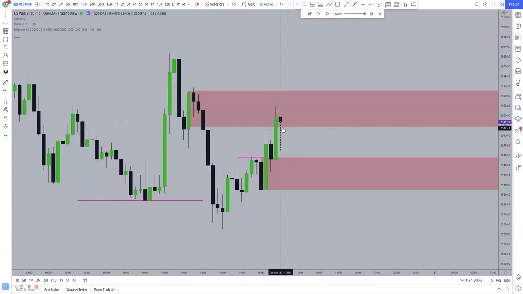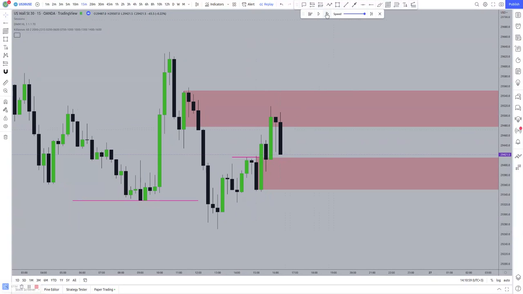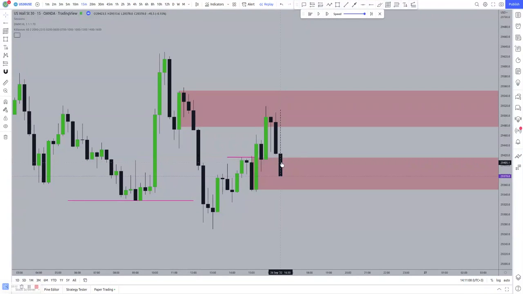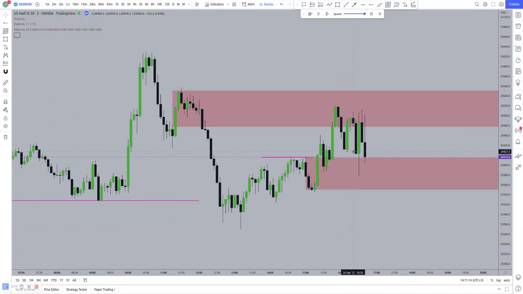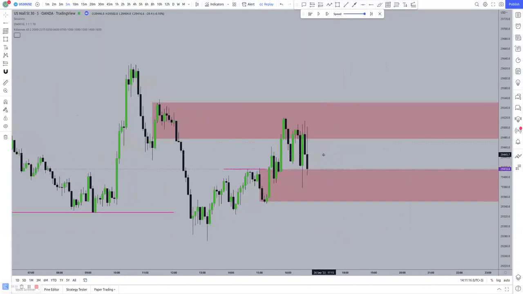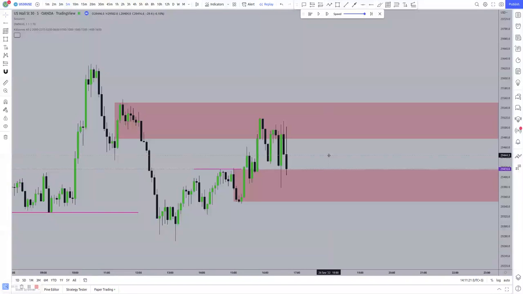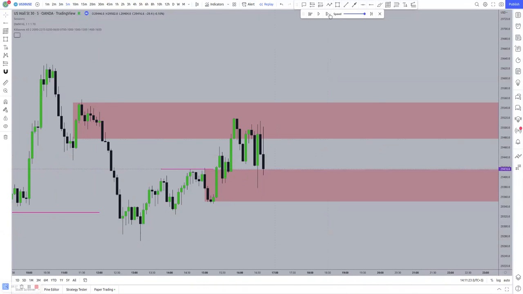So now we have this candle retesting this order block, and boom, this is the equity open right here. Let's go to M5. All right, M5.